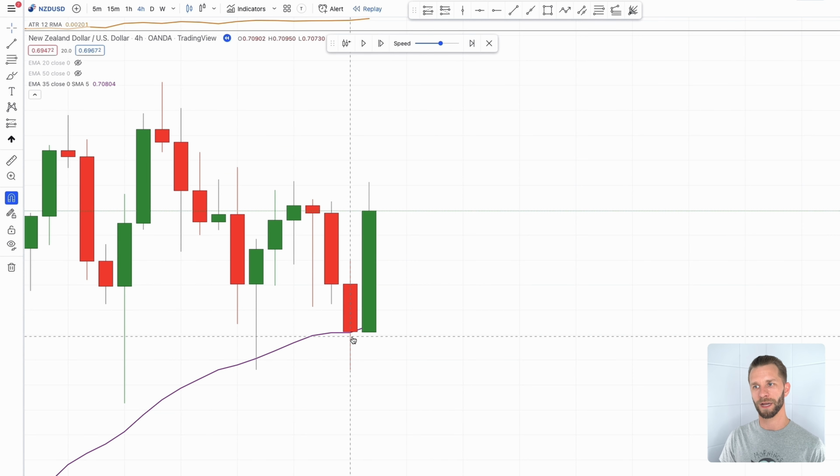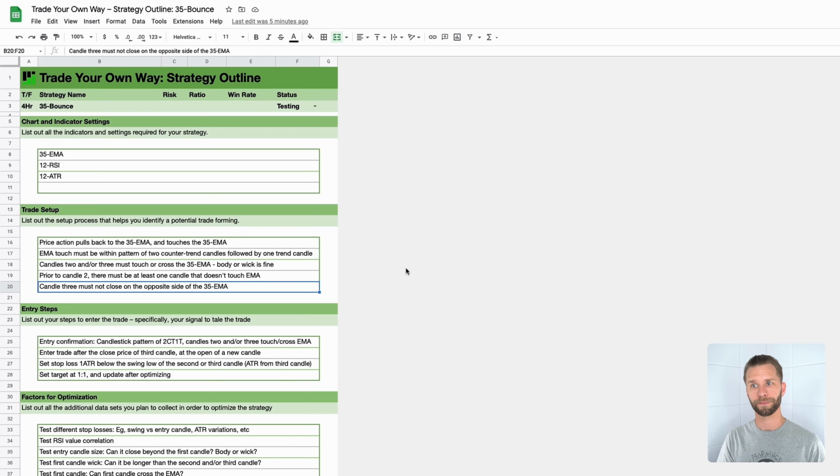So opposite side would be below the 35 EMA. And while our second candle can close below there, this third candle needs to close above because we're on an uptrend and we're looking for long trades, as in trades where we expect the market to go higher. This must close above the 35 EMA, which it has done. So all of those points are valid. That means this is going to be a valid trade setup.